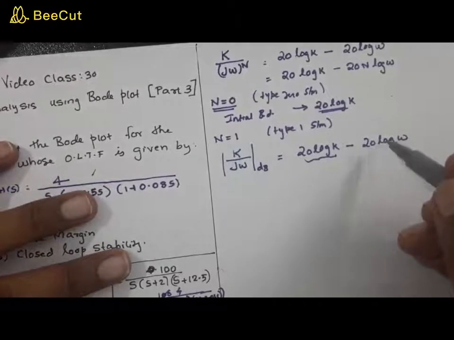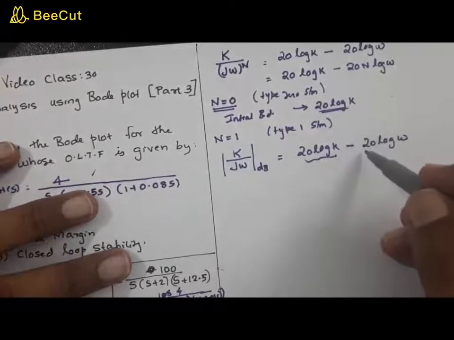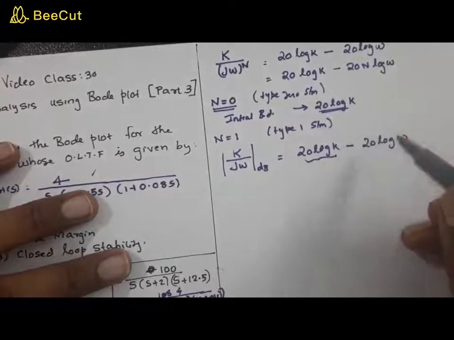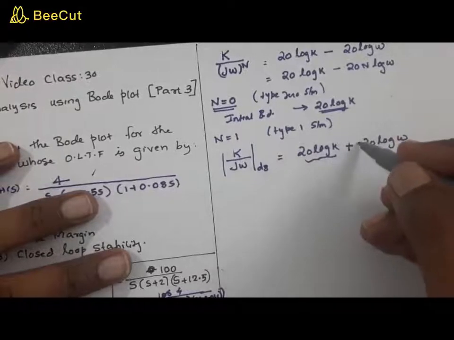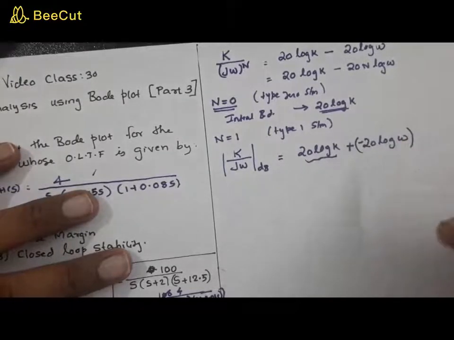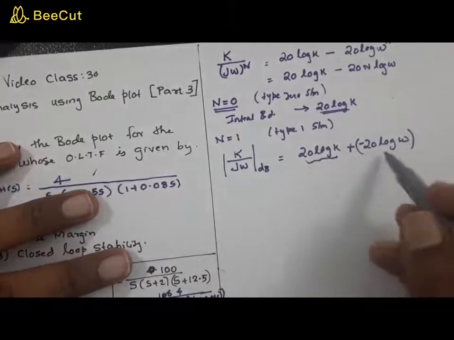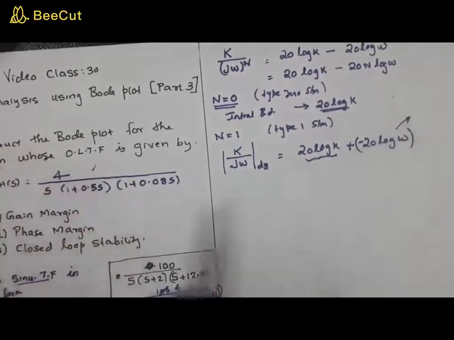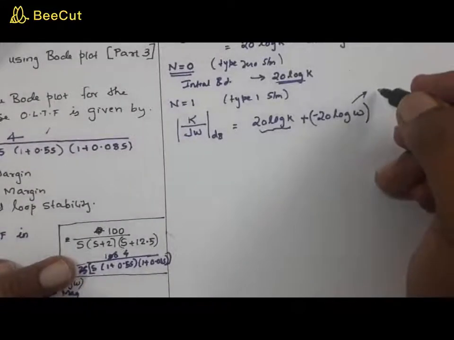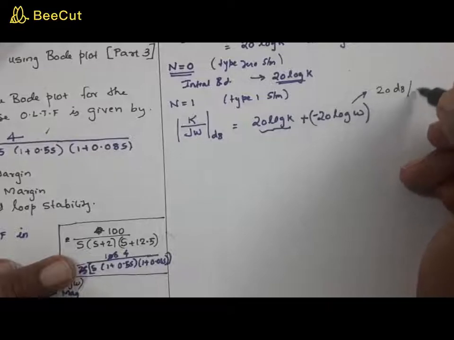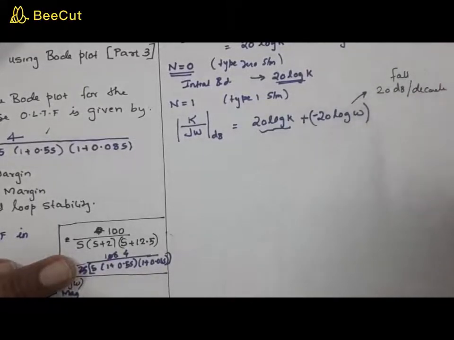Now from that point onwards, there is always a decline. This represents, what does this represent? As we studied yesterday, this is actually 20 decibel per decade. So this is a fall of 20 dB per decade.